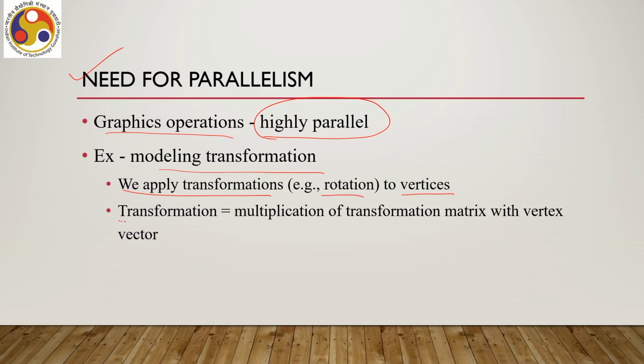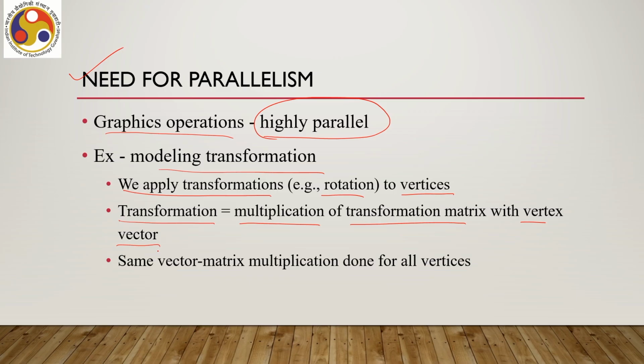Now, a transformation is essentially a multiplication of a transformation matrix with the vertex vector, and this same vector matrix multiplication is done for all vertices together, and ideally we want to do it simultaneously. So, there is a parallelism involved here.